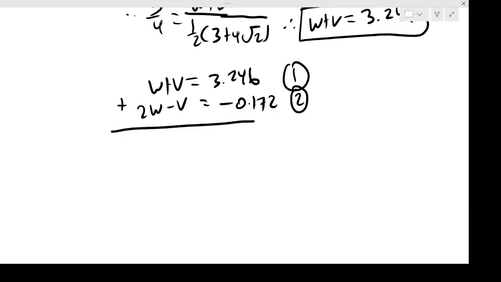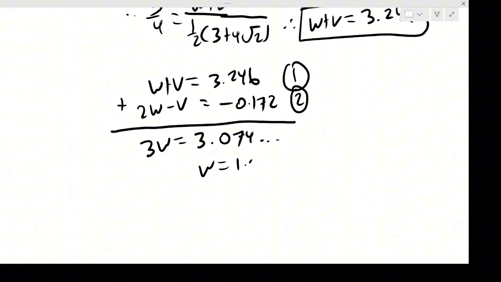So I can add them to get rid of the V's. So 3W then is going to be 3.074, blah, blah, blah. So if I divide by 3, I get W to be 1.02 to 2 decimal places.